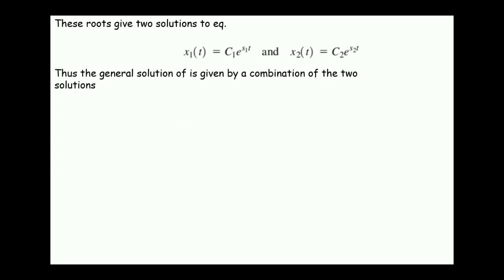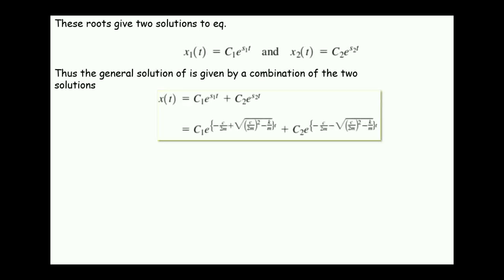The general solution for the equation is nothing but the summation of the two solutions, x1 and x2. So total x will be equal to x1 plus x2. So x(t) is equal to x1(t) plus x2(t), that is c1 e raised to s1t plus c2 e raised to s2t.